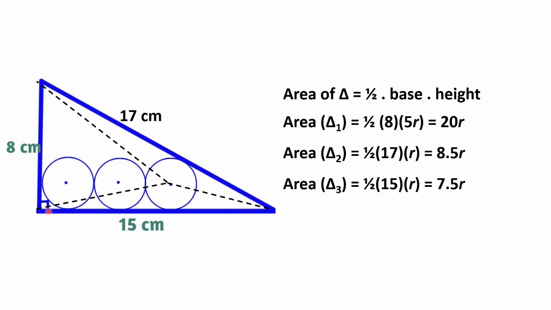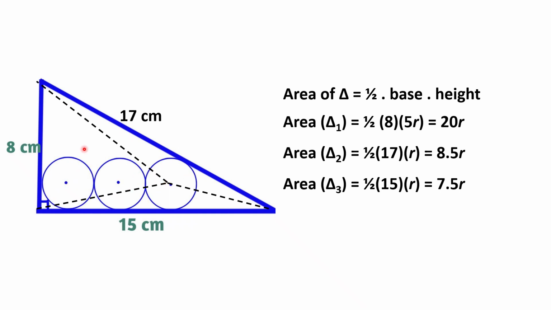The length of the red line covers the diameters of two circles and the radius of one circle. So the diameter of the first circle is 2r, the diameter of the second circle 2r, and the radius of the third circle r. So actually the length is equal to 5 times the radius, 5r.